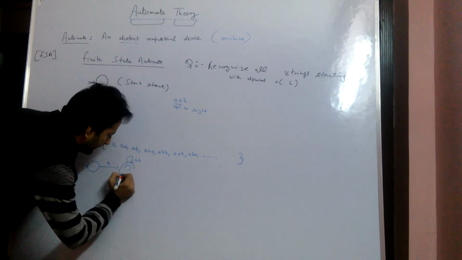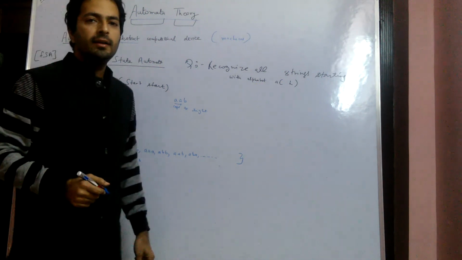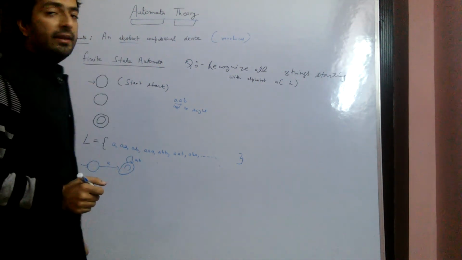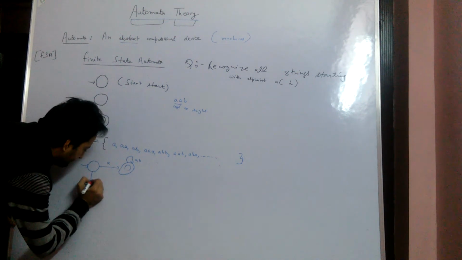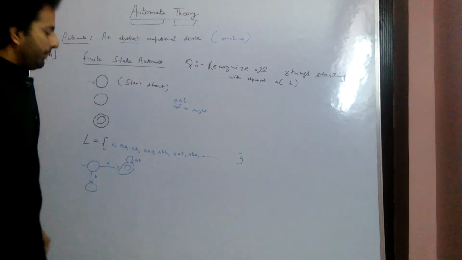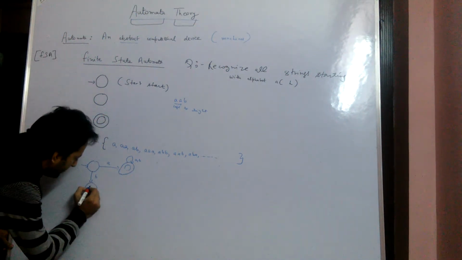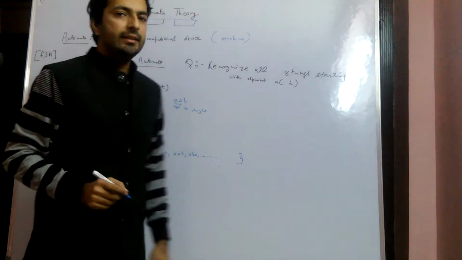Some of you might be thinking, what happens if we encounter a B in the beginning? For that reason, if you encounter a B, you would not consider this string in the language, and we have a special type of state known as the dead state.